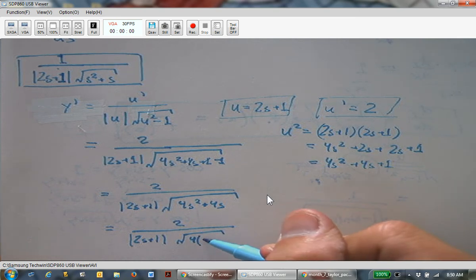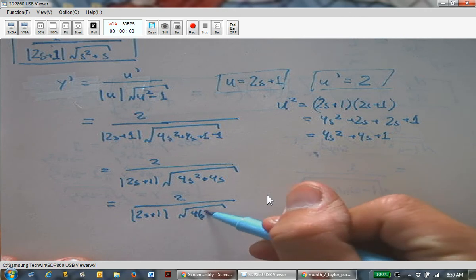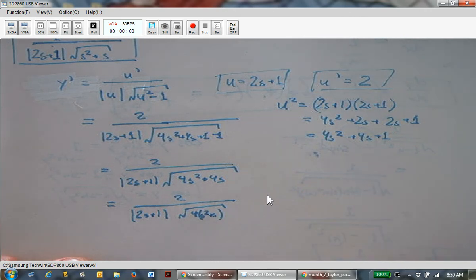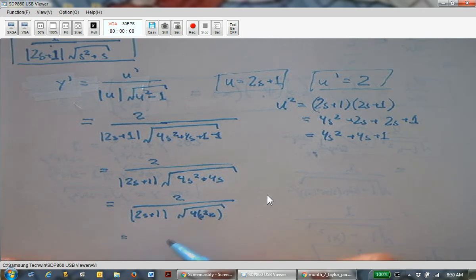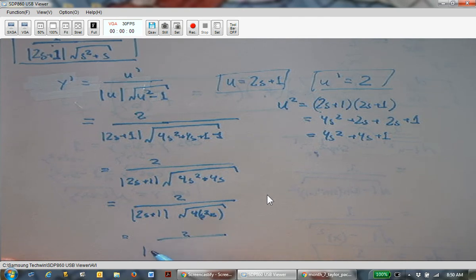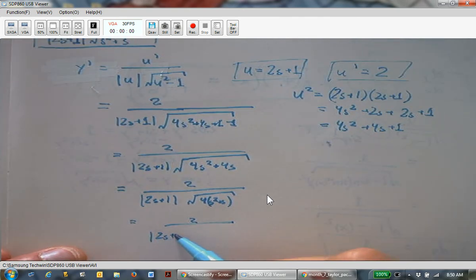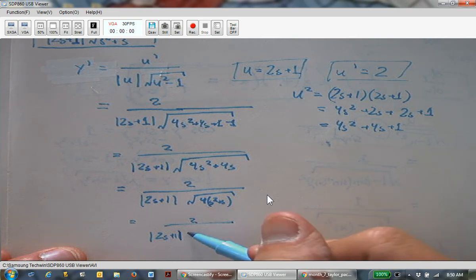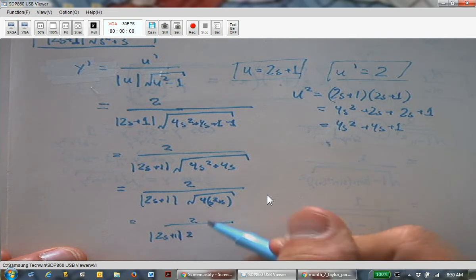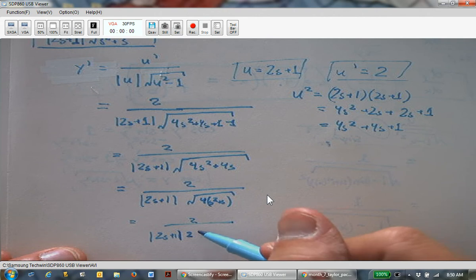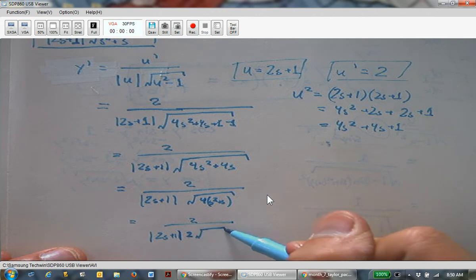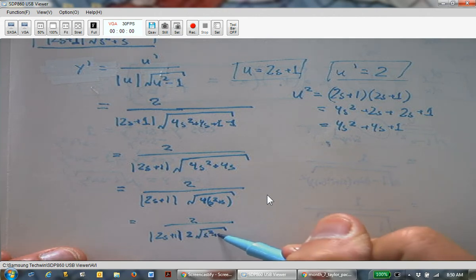So you have 4 times s squared plus s, and then you can take the square root of 4, which is just 2. So it'd be 2 over 2s plus 1. And then you pull the 4 out of the square root. It is now 2 times the square root of s squared plus s.